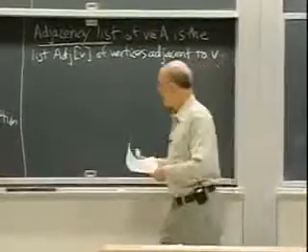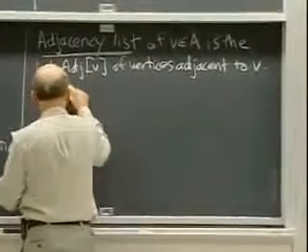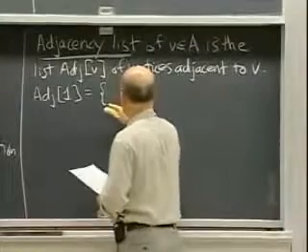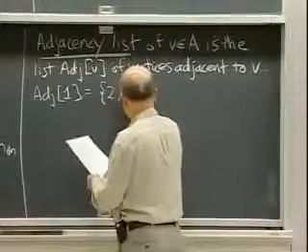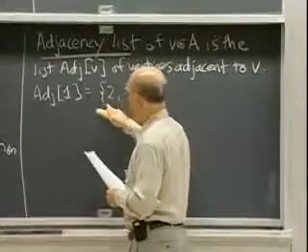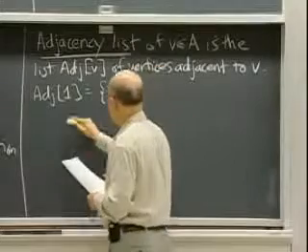Okay. So in this graph, for example, the adjacency list for vertex 1 is just the list or the set of 2, 3, because going out of 1 are edges to 2 and 3.